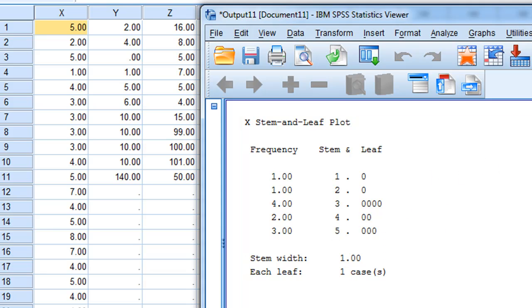The key to interpreting these plots is to look down at the stem width. And that says everything you need to know in terms of how this plot is going to turn out. This stem width says 1.00. That means that the width of the stem is at the unit. Now remember that we have, before the decimal place in any number, let's take this number here just as an example.